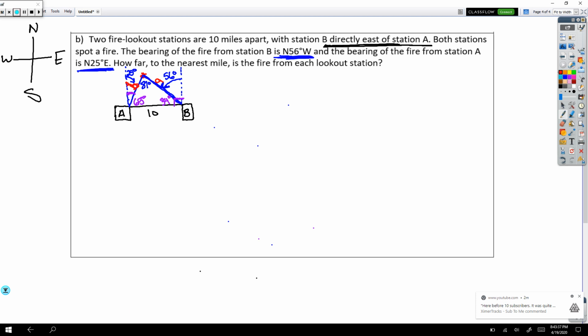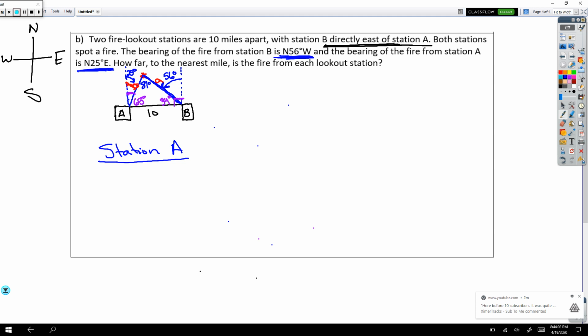So it's a little bit confusing to think about it like that. So you want to be careful when you're doing this problem to make sure you're not mixing up what we're solving for. So let's start with station A. Okay, station A is B distance away from the fire.